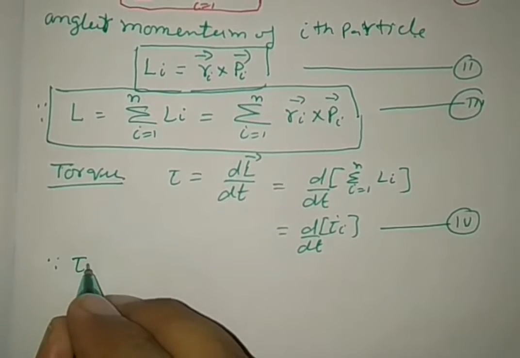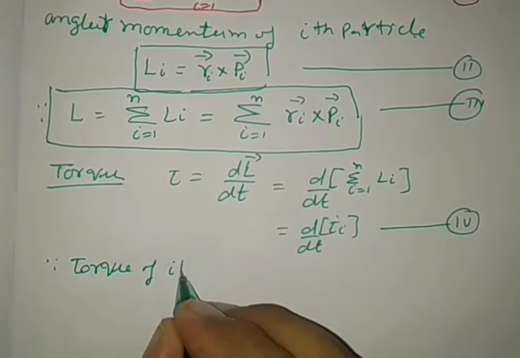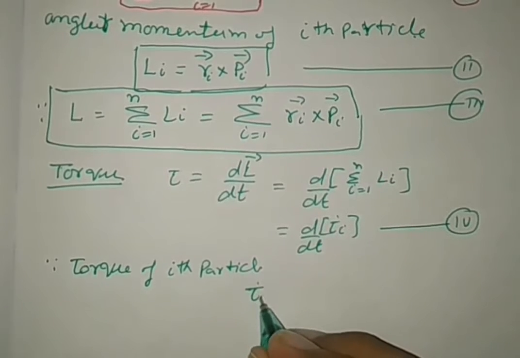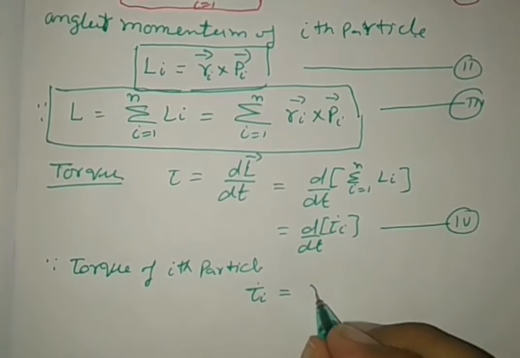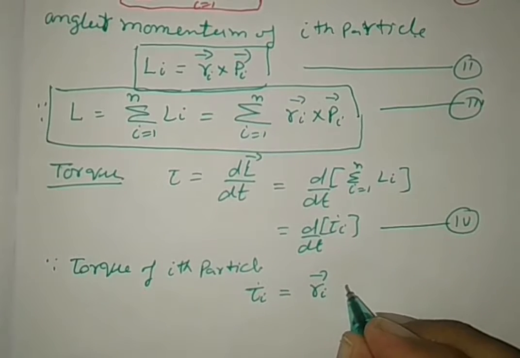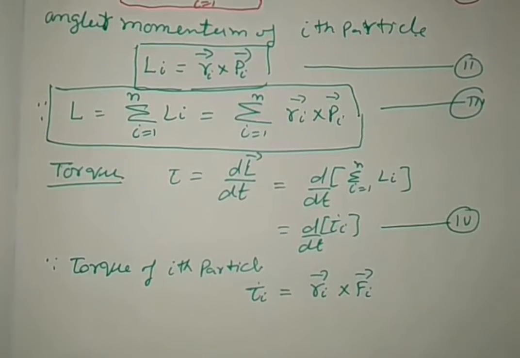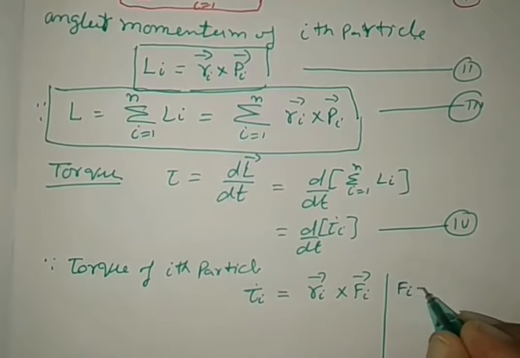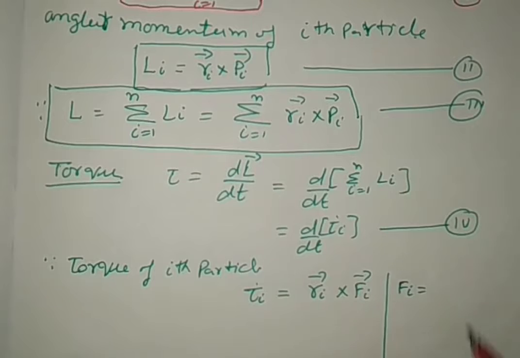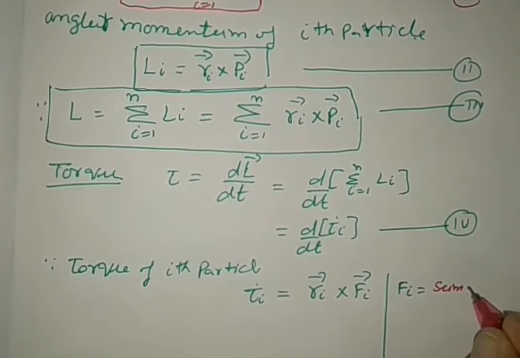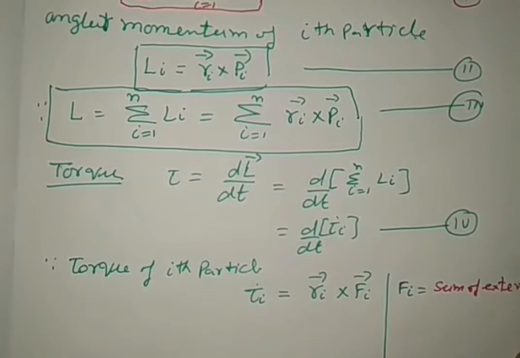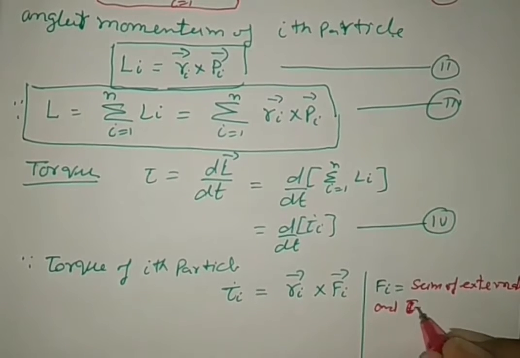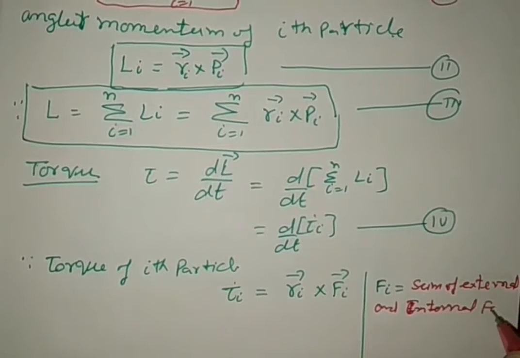Since the torque of the ith particle can also be written by this formula, tau i is equal to Ri cross Fi, where Fi is equal to, see very carefully, the sum of external and internal forces.